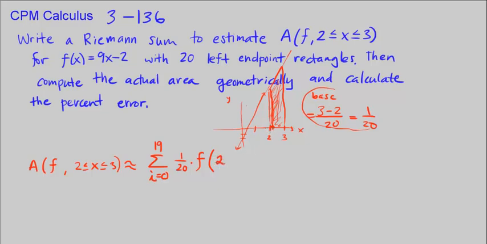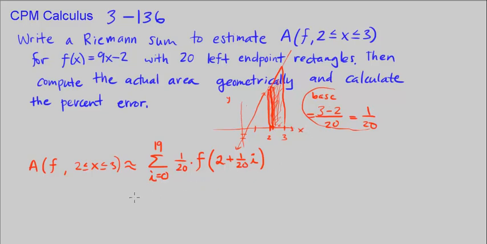So the function at 2 is going to be the height of our first rectangle, because it's the left point, and then every time we're going to add 1 over 20 to get to the start of the next rectangle, and then the start of the next one. We're going to add 1 over 20 times I, because we're going to do that for every rectangle.